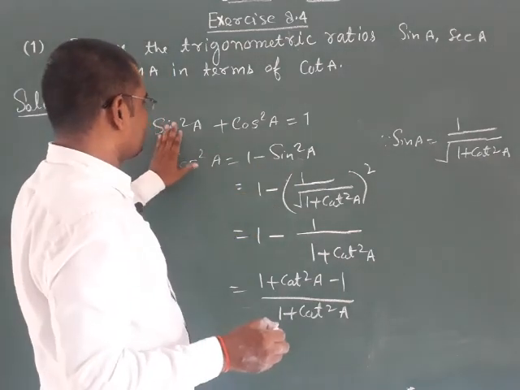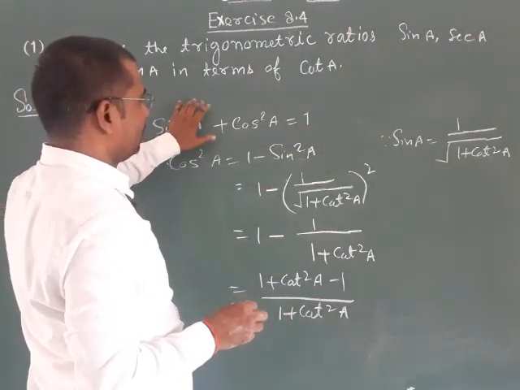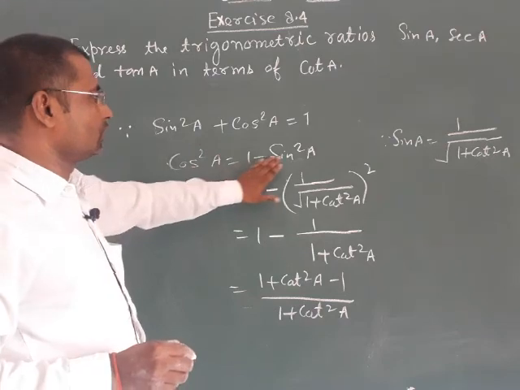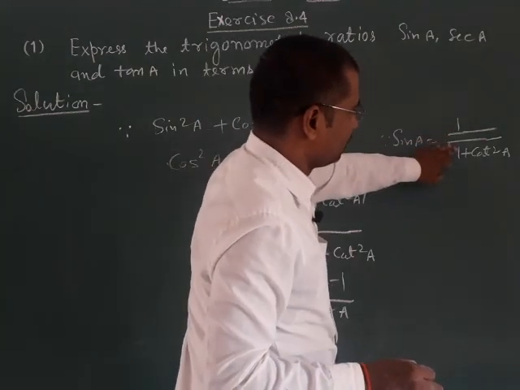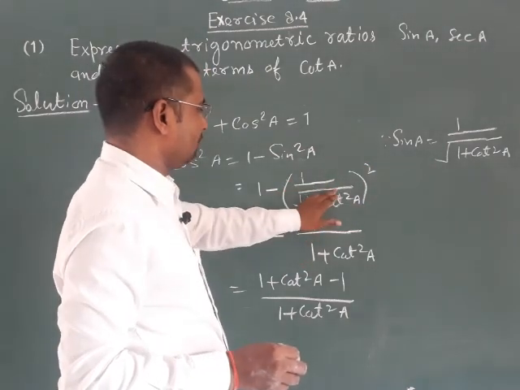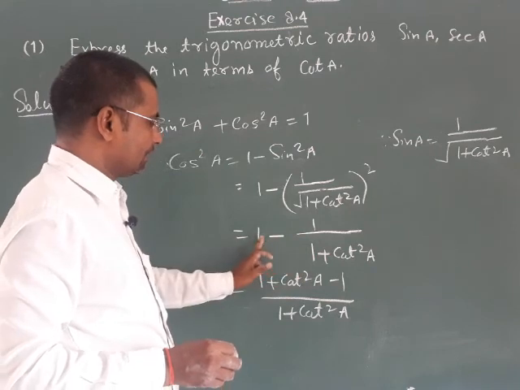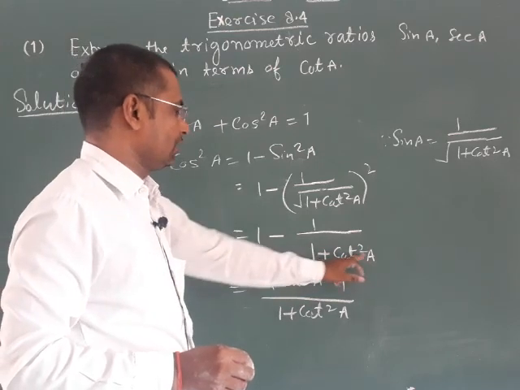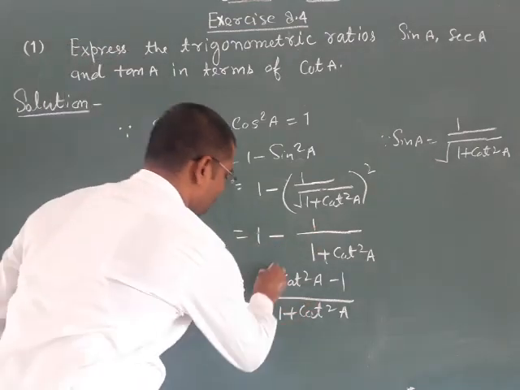Since sin square A plus cos square A is equal to 1, cos square A is equal to 1 minus sin square A. From the above result, sin A is equal to 1 upon root 1 plus cot square A. Now putting this value, the square and root cancel out, we get 1 minus 1 upon 1 plus cot square A. Now taking LCM, 1 plus cot square A minus 1, so plus and minus cancel out.